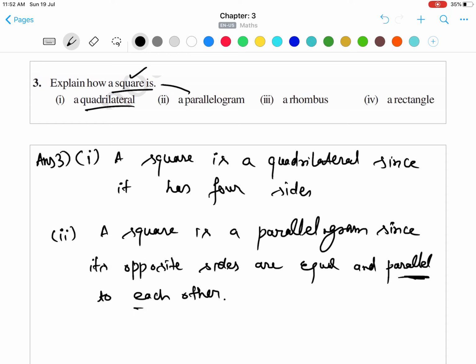Okay, so we need only opposite sides to be parallel and equal for any shape to be a parallelogram.